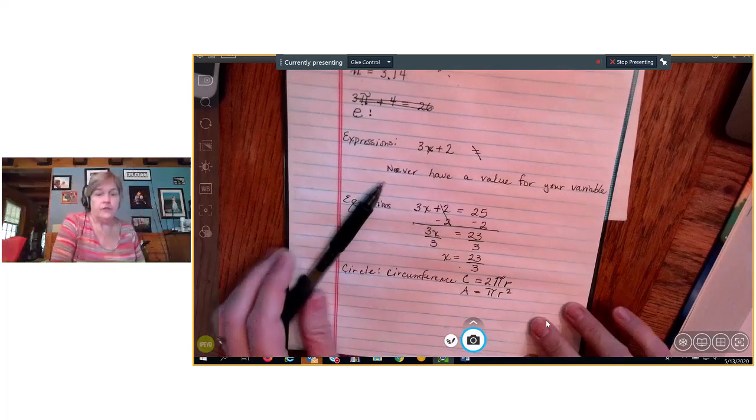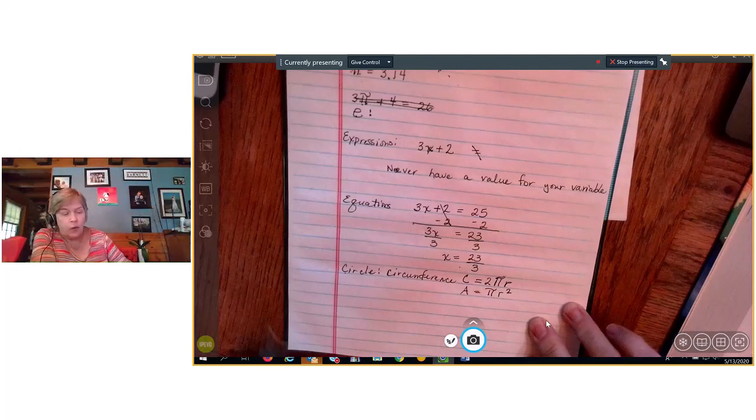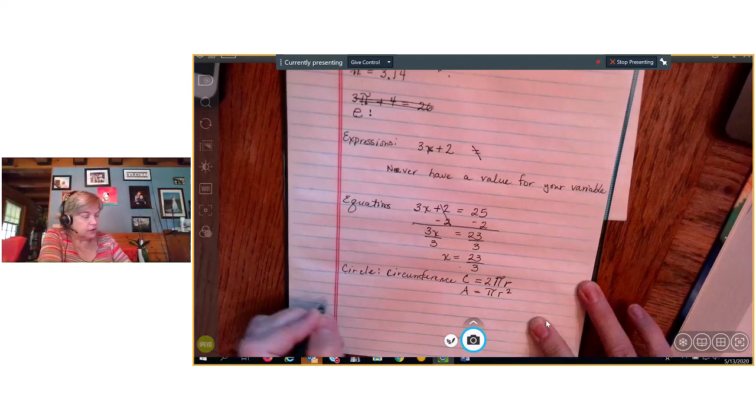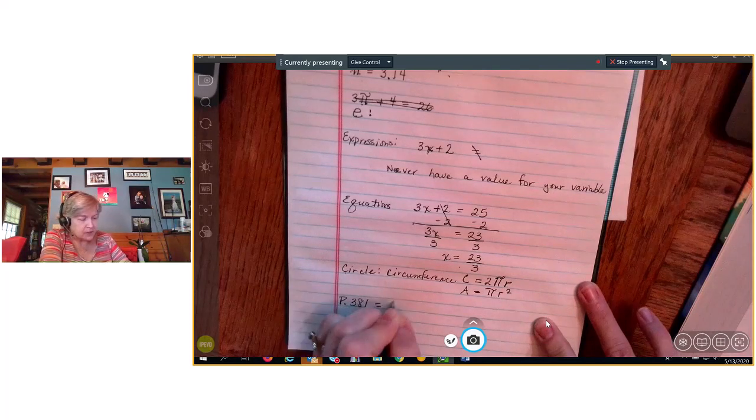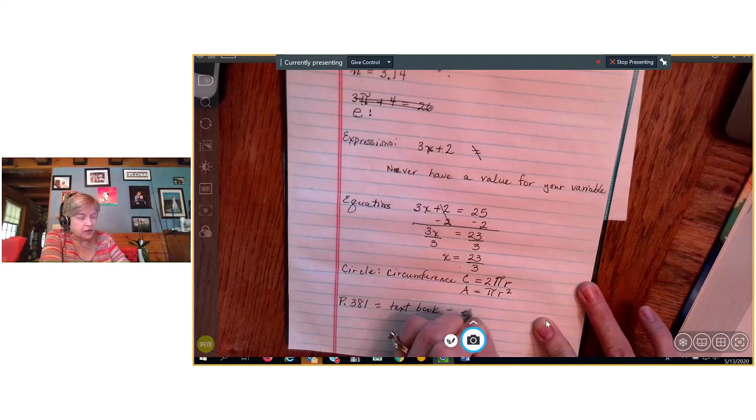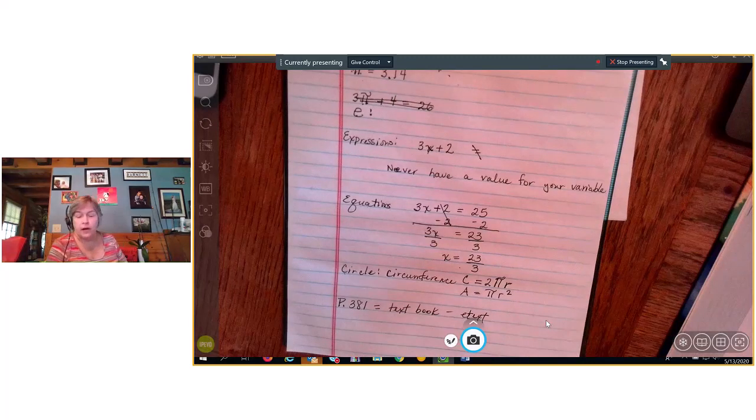So any formulas. Now, if you look on page 381 in your textbook, and this is on the e-text, you can actually just go in when it comes up and it'll have e-text. It'll give you commonly used formulas, and those are for area of a circle, rectangle, circumference, triangular figures, different things like that.